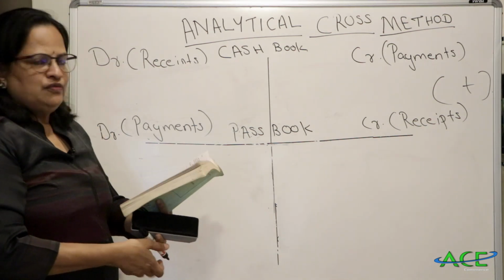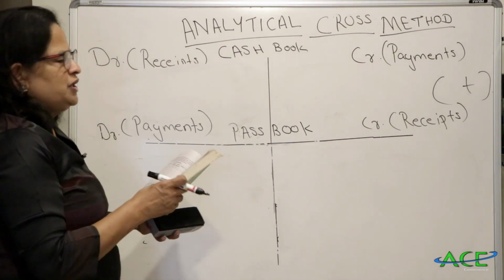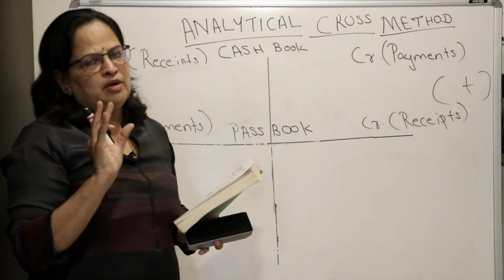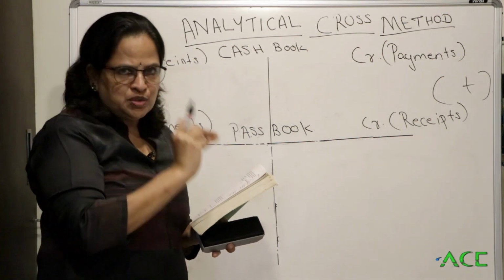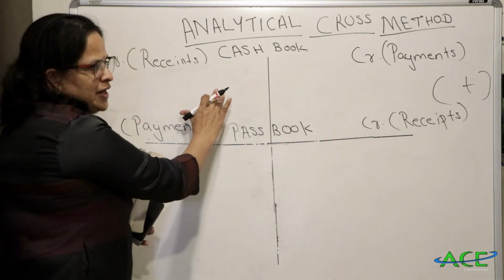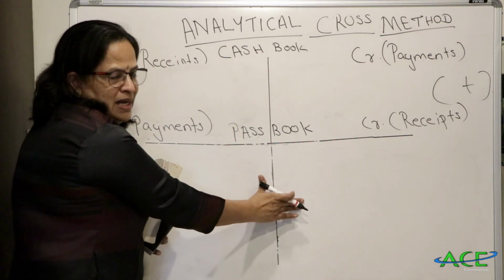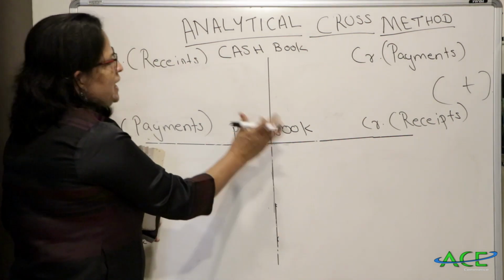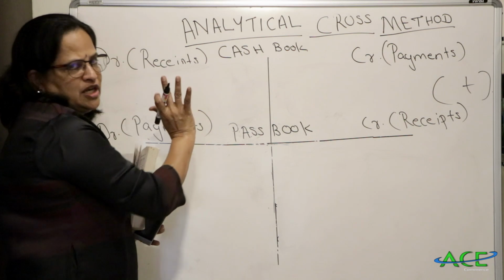First problem. Now you have to remember that two signs also you have to remember. See, there are two methods of doing the problem. One is starting with the cash book balance and arriving at the passbook balance. The second method is starting with the passbook balance and then arriving at the cash book balance.